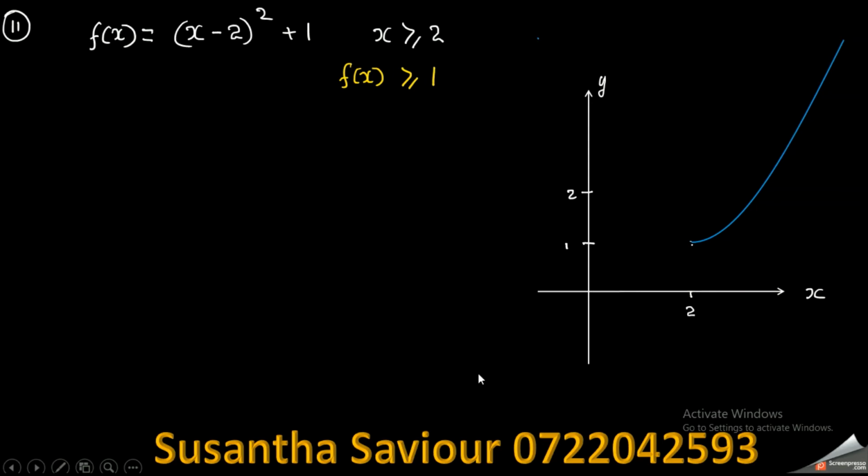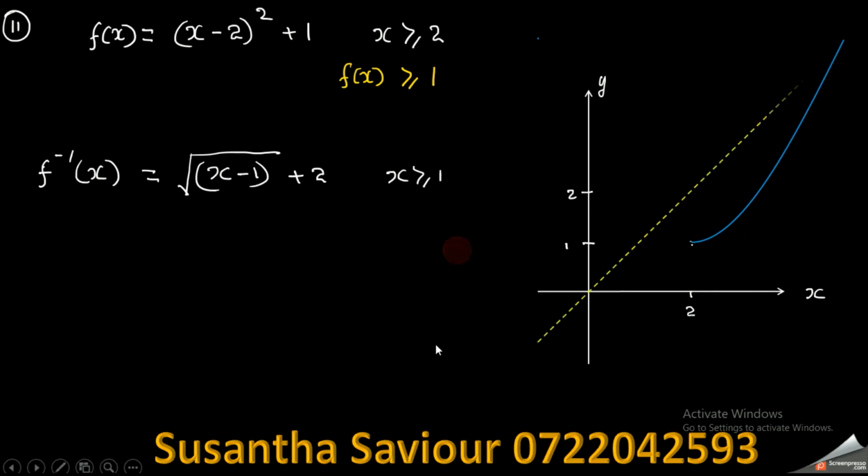And then we draw the inverse function, which is this. We are taking plus here because it should be greater than or equal to 2. Something always added to this 2. Therefore if we take minus, it will be less than or equal to 2, right? Take it, and then we draw the y equals x line, and then reflect this one like this, okay? And then we'll take another example.